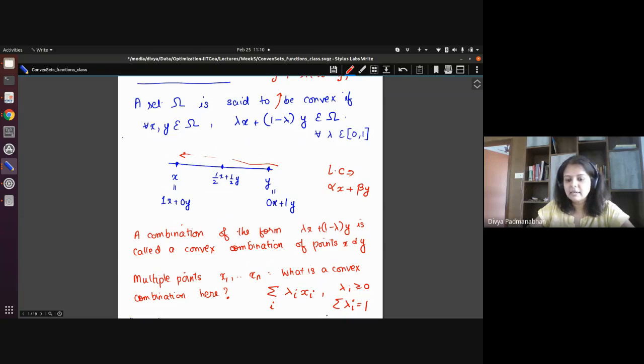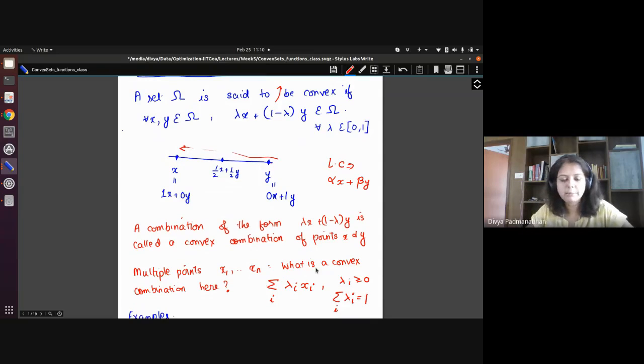So it's just a generalization of whatever I showed you for 2 points. Every convex combination of points will belong to the set omega, if it is convex.